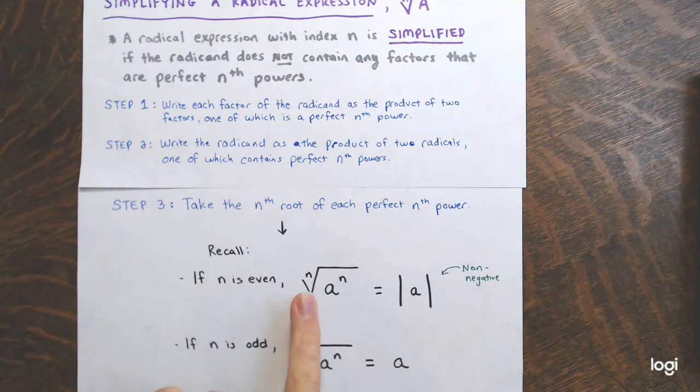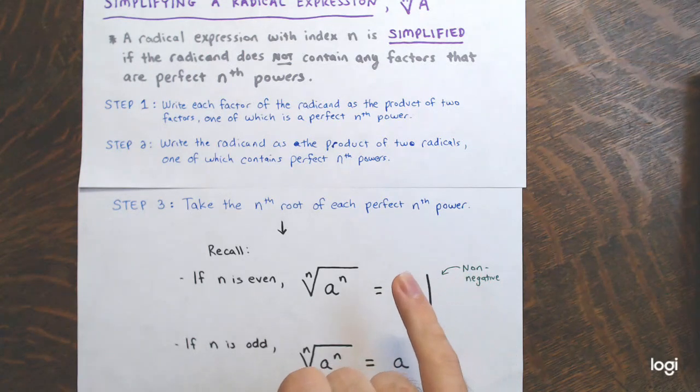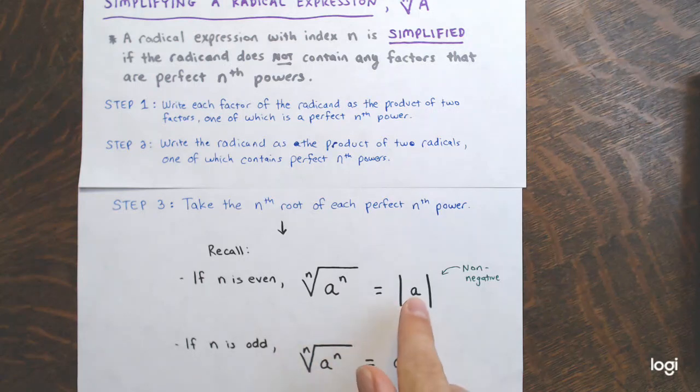When you see this symbol with an even root, they want the non-negative one. So you don't just undo the powers. Most people take the nth root of a to the nth and say, oh, nth root, nth power, they undo each other and just write a. Well, what if a is negative? Then you'd be giving me the negative root and not the non-negative one. So when it's an even root, you can undo them and write a, but to ensure that the result is indeed the non-negative root, we put absolute value symbols around it. So if n is even, the nth root of a perfect nth power is the absolute value of the base, the absolute value of a.